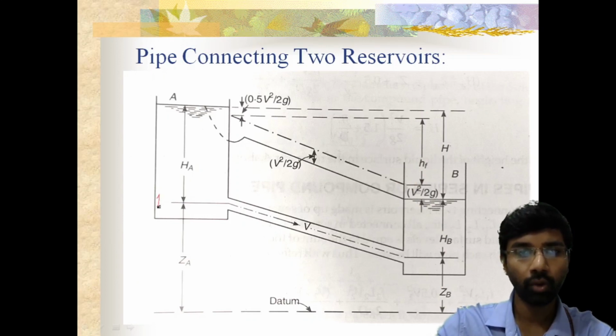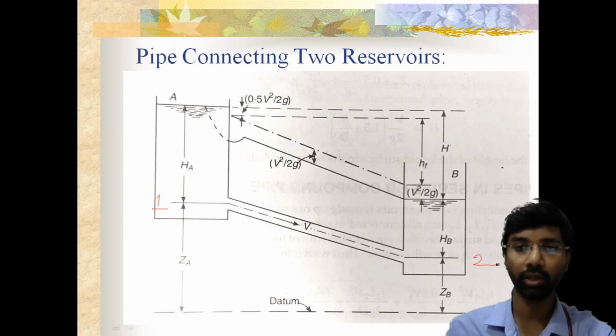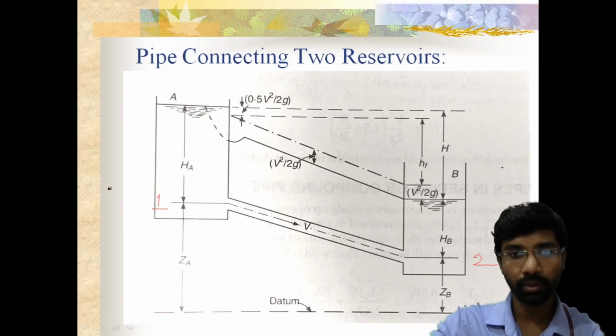The points 1 and 2 are represented here. If you apply Bernoulli's equation between the two points, we know that Bernoulli's equation is P by W plus V square by 2G plus Z.